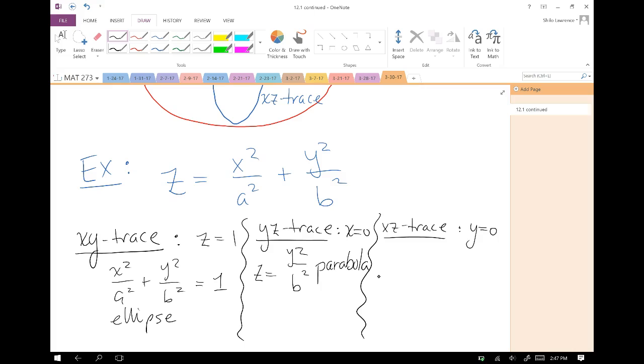So in z equals y squared over b squared, it's going to open in the positive z direction. The b squared is just a number. It's just going to adjust how widely or narrowly the parabola opens when it opens.